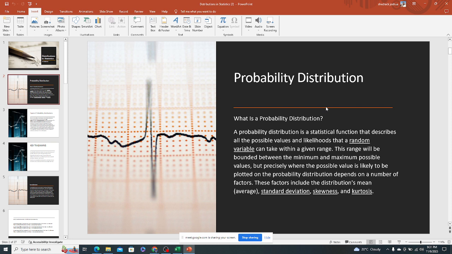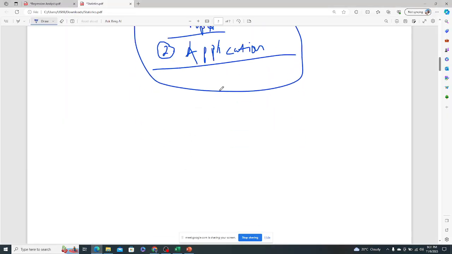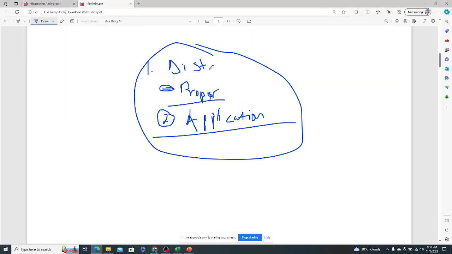Basically, probability distribution is a statistical function, because you will find that each distribution has a function.